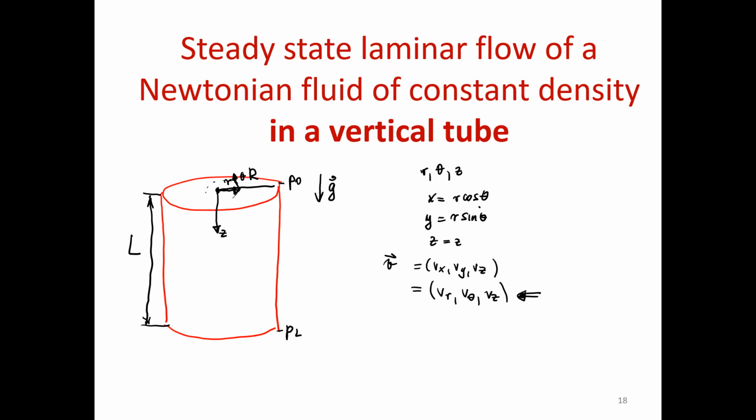So my assumptions, which are very reasonable, are that vz is a function of r, and my other two velocities, v theta and vr, in the radial and theta directions, are zero.